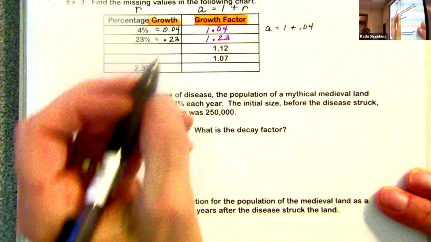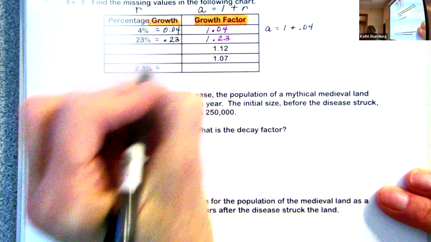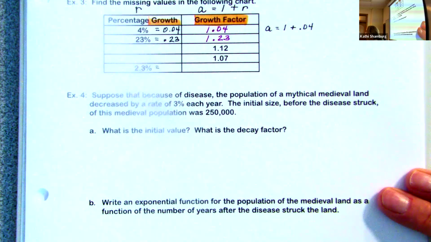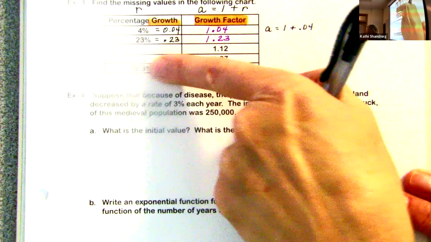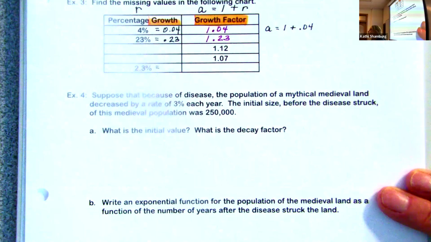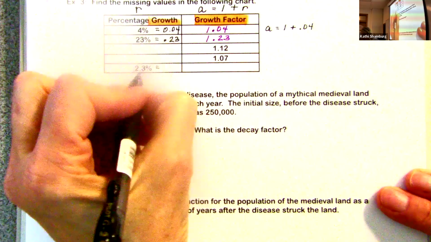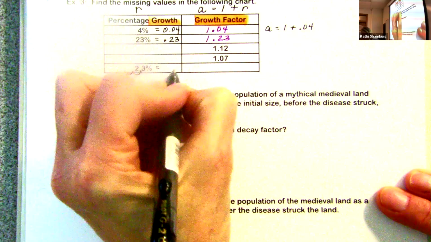All right. What is the equivalent decimal for 2.3%? 2.3 is the percent. To change a percent to its equivalent number, you have to move the decimal point 2 places. 0.023.